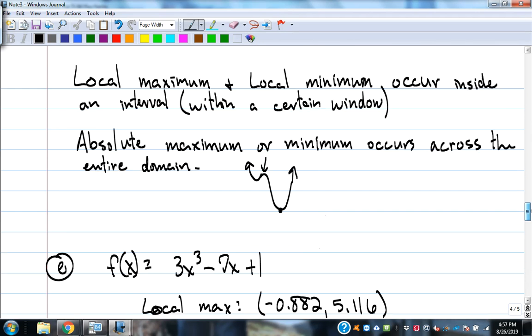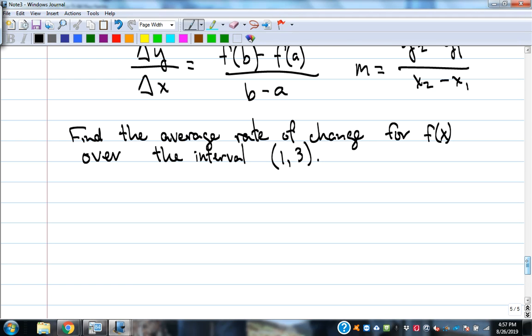What letter is this? F. Here's our function: 2x squared minus 5x. What values are 1 and 3 in this interval? What kind?